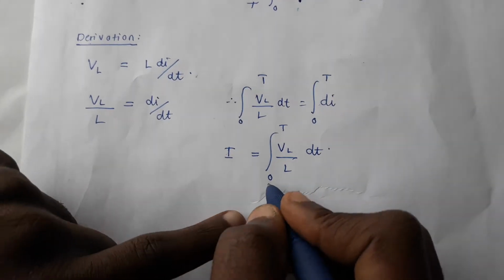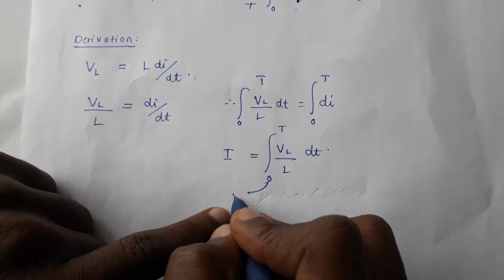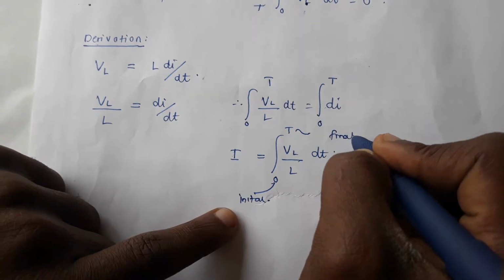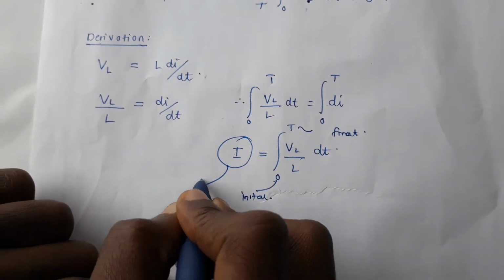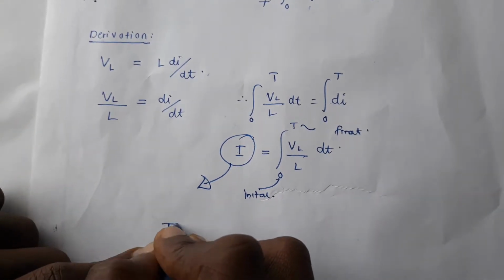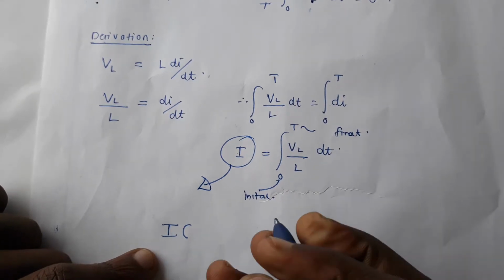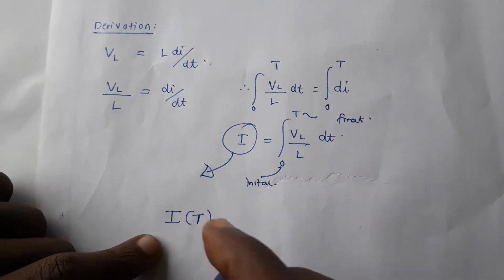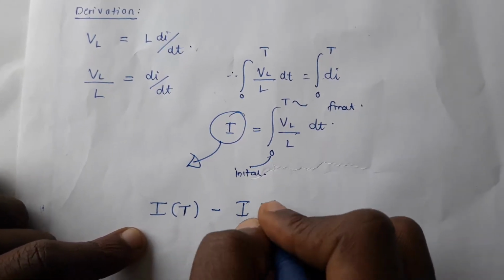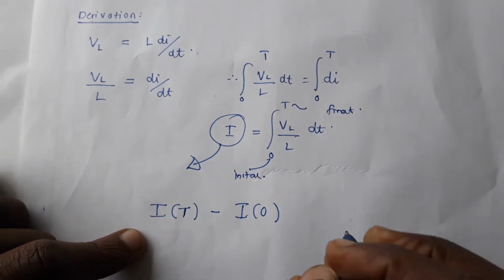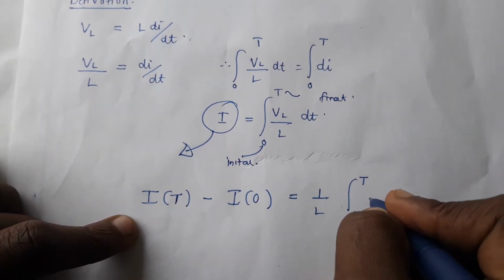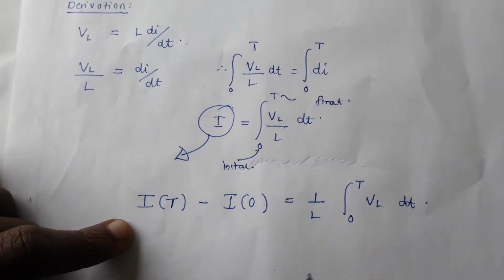This is the initial value, and this is our final value. Thus, we can break it into the final value, that is the current at the period T, minus the initial current at 0, where we started, is equal to 1 over L, integral of 0 to T, VL dt.